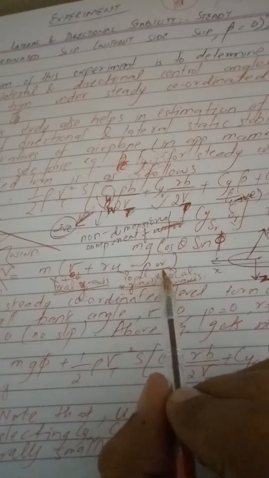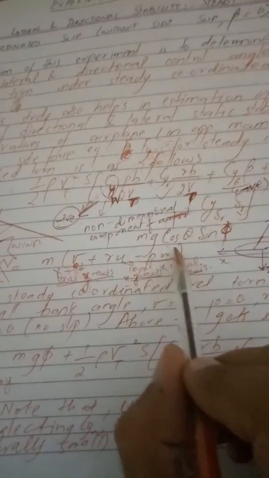So that is how you're going to see: v dot is equal to v naught plus ru minus pw. This factor is negative because of p, as I mentioned earlier, and also this r is positive, you don't need to worry about it.